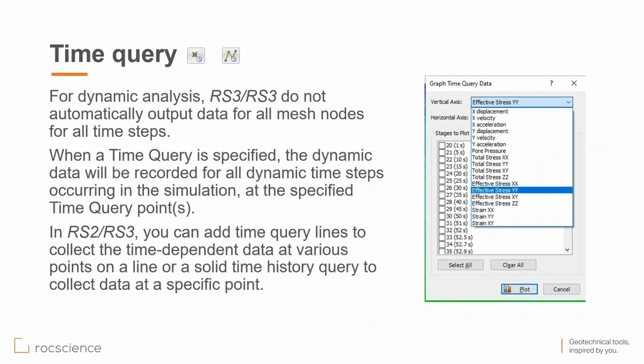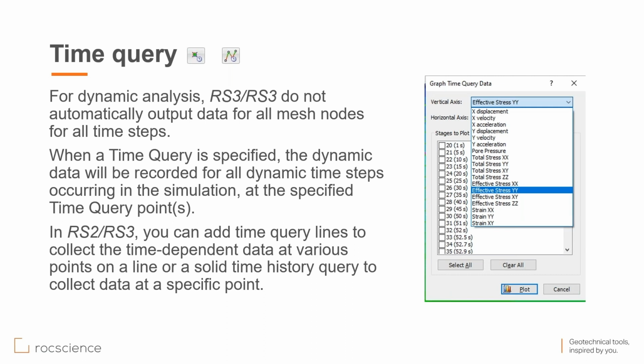And another feature that we have is time query. For the dynamic analysis, it is very difficult or almost impossible to save all of the results for every time step. That's why we need to specify a point so that the result will be recorded for the duration of the dynamic stage.